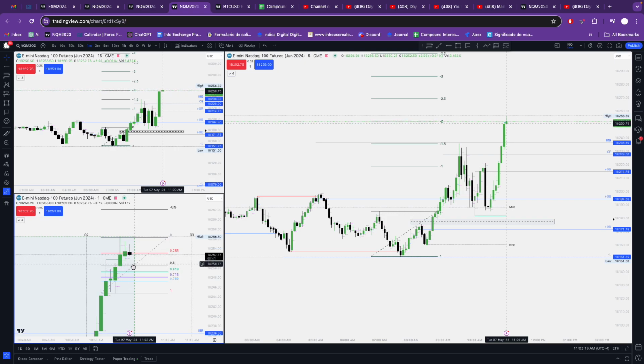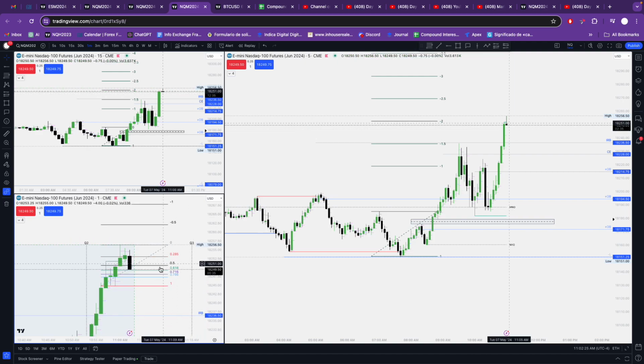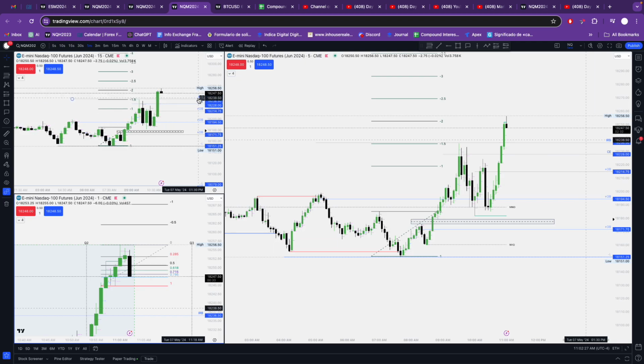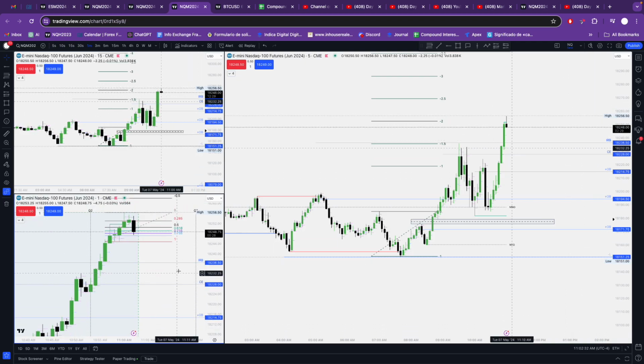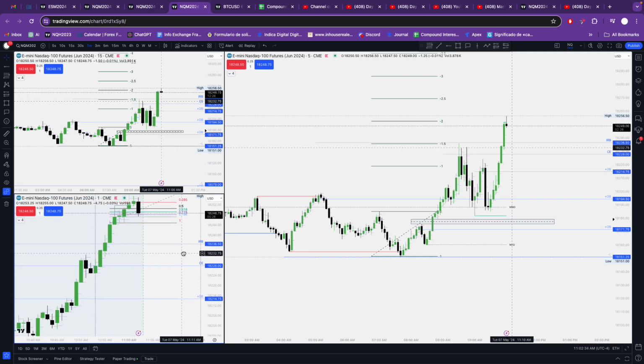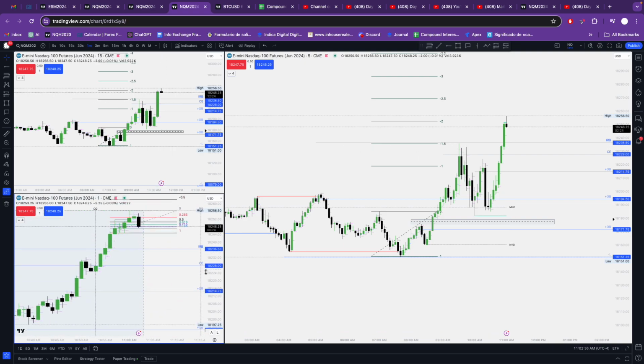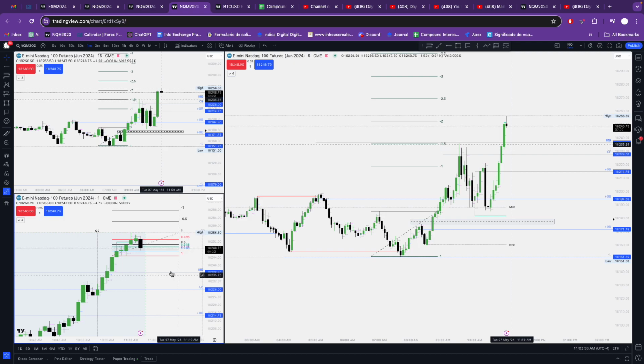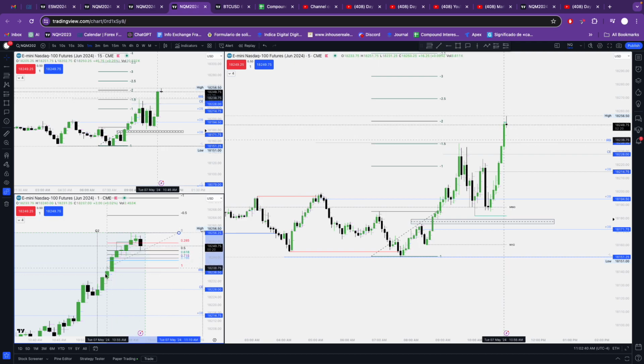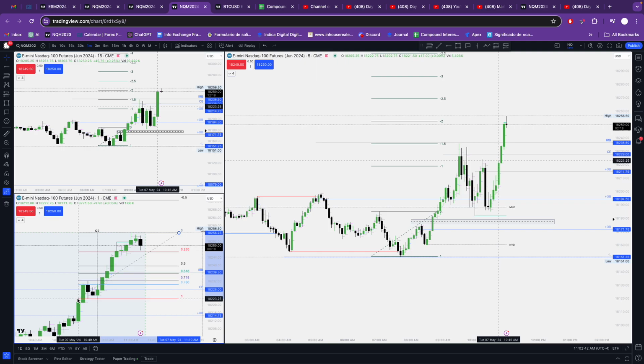Small little fair value gap here as well as here. But how much lower can we come? I mean, potentially just immediate rebalance, right? And then we have these lows on there as well.